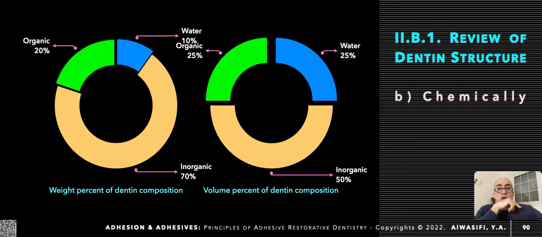Here, when you remove part of the volume percentage of dentin, which constitutes 50%, by etching, then you are lowering the percentage again, and you give the upper hand to organic content and water, and so you increase the adhesive characteristics of dentin. Let me remind you with enamel.